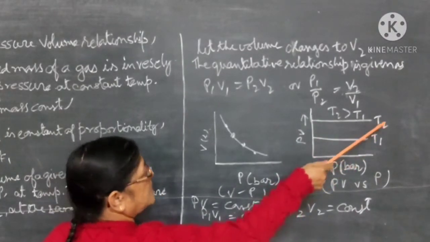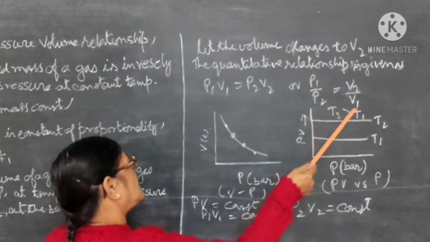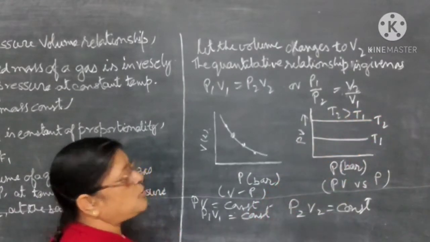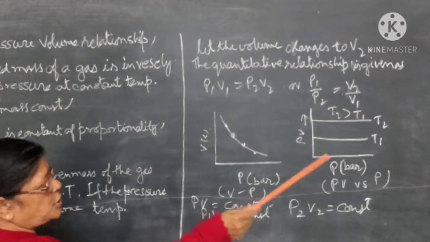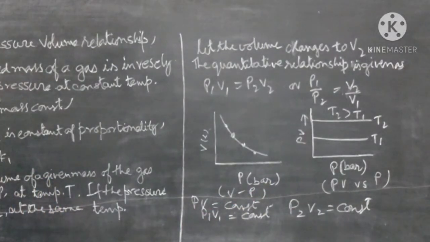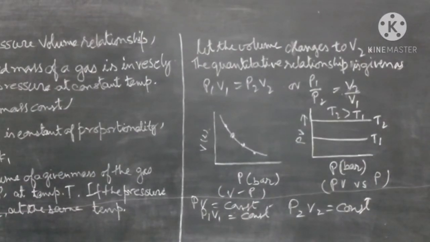For another temperature, T2, you will get another line, and here T2 is greater than T1. In this way the lines are shifted. So this is the explanation on the basis of the graph, and we can explain Boyle's law.